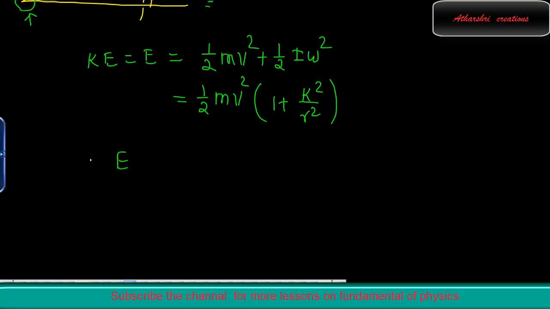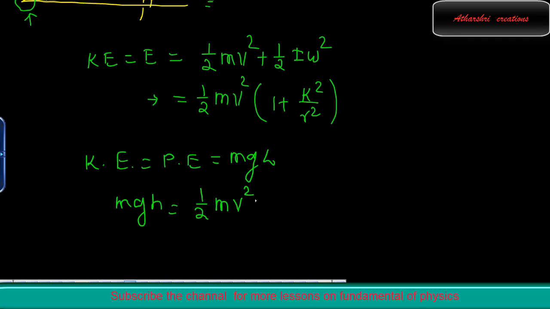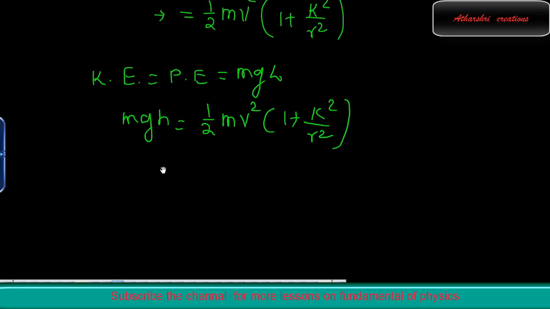That means kinetic energy equals potential energy, which is equal to mgh. Hence we can equate them: mgh equals half of m v square in bracket 1 plus k square divided by r square. Now we have to modify this equation for v square.